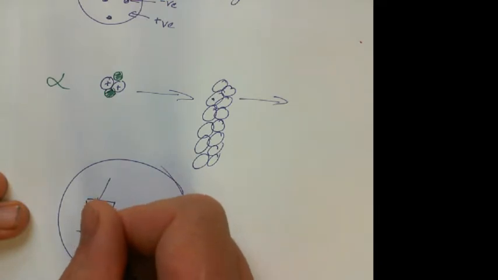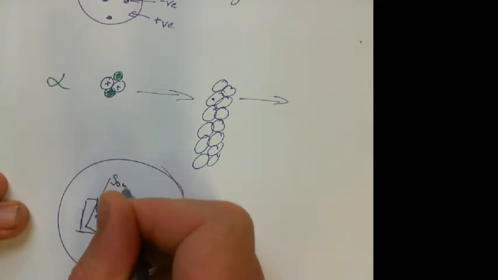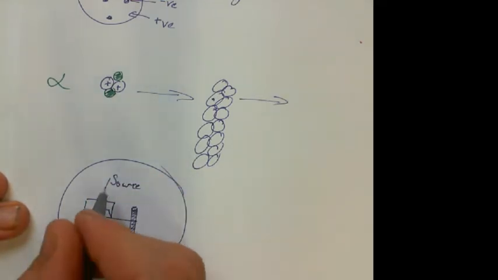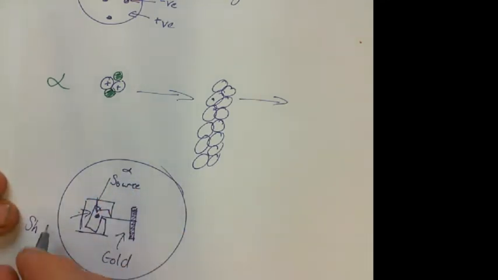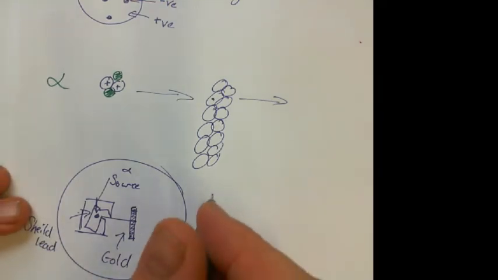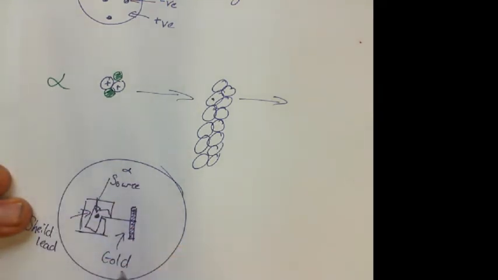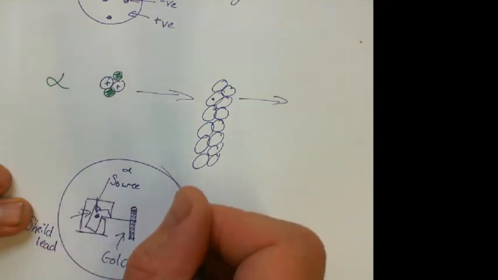This is your source, it's right in the middle there, and that's an alpha source. And this is the shielding. It's a lead box, to stop them from getting out any other way. And then this entire circle here, that's a screen.